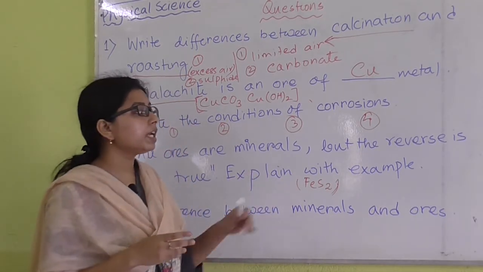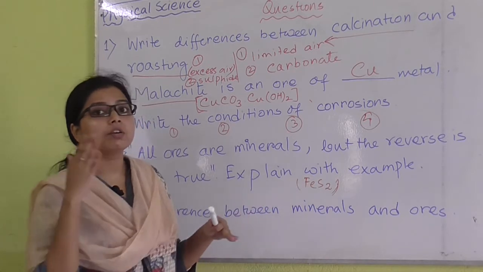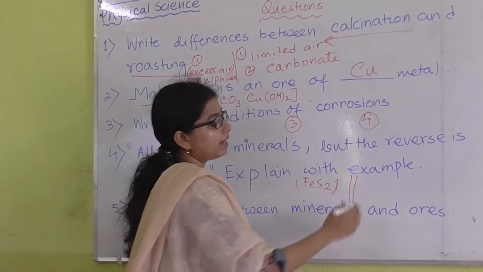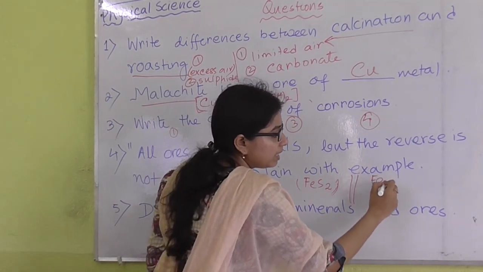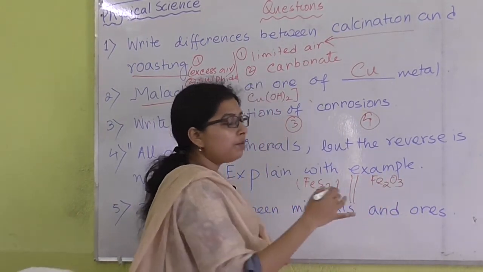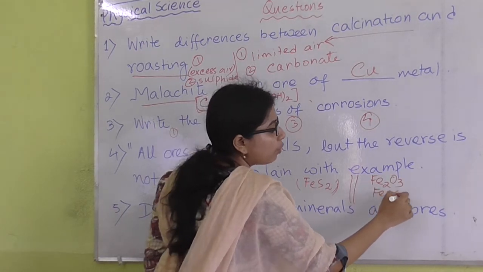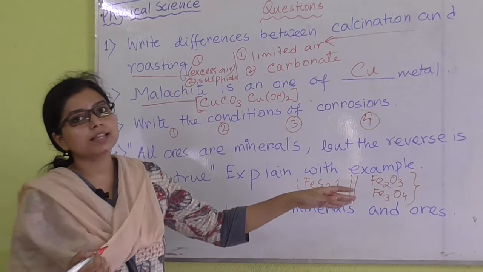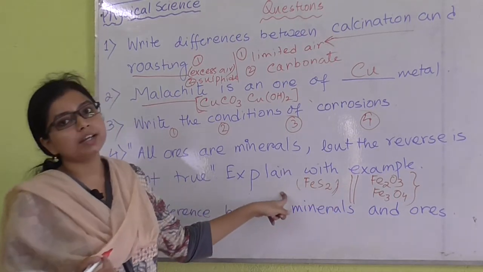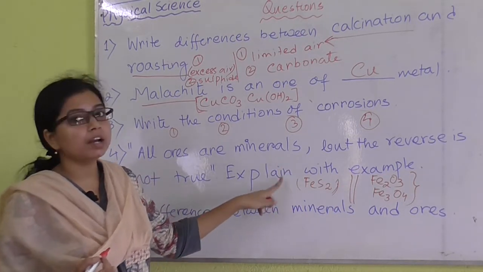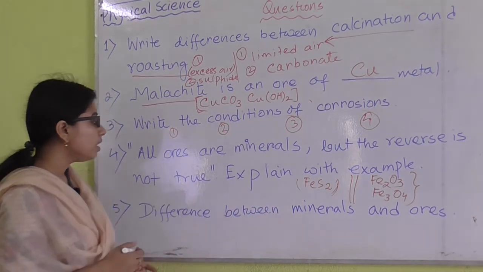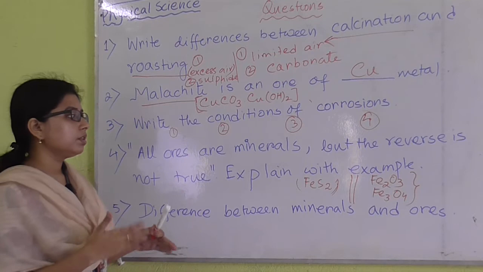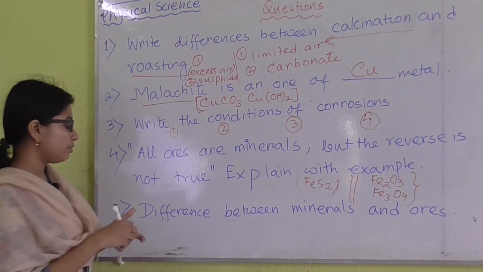So that is why we can't use it as one of the ores of iron, and instead of iron pyrites we can use hematite, that is Fe2O3, or magnetite, that is Fe3O4. Okay, both hematite and magnetite can be used as the ore of iron, but not FeS2, that is iron pyrites. We can't use this as ore. Okay, and you can write any other example if you have. So it is over.